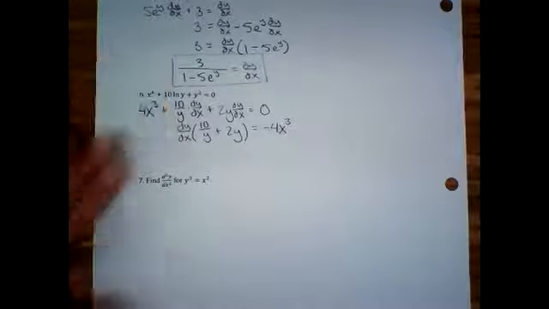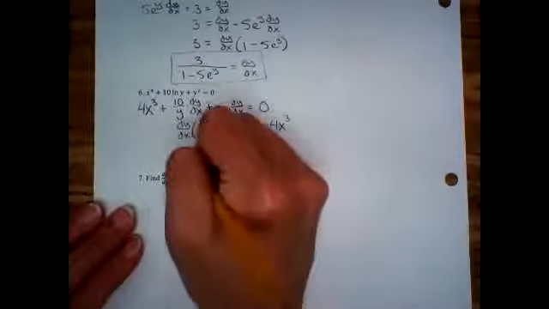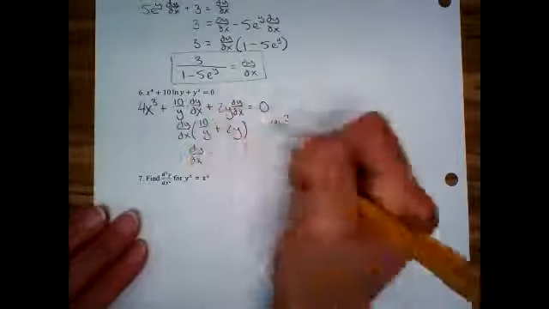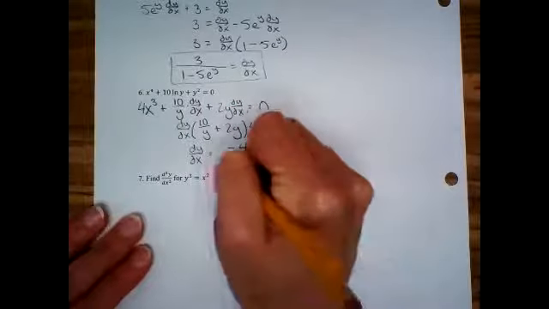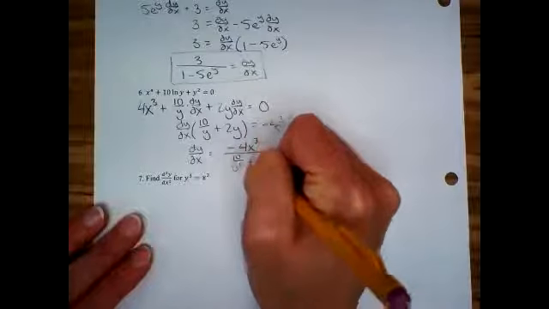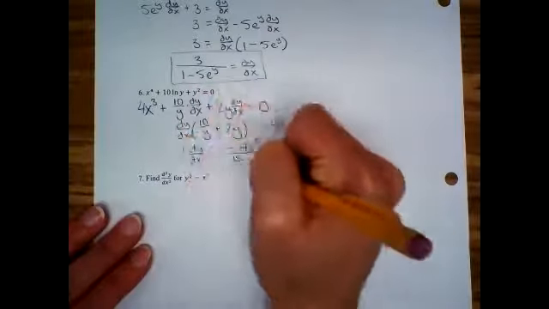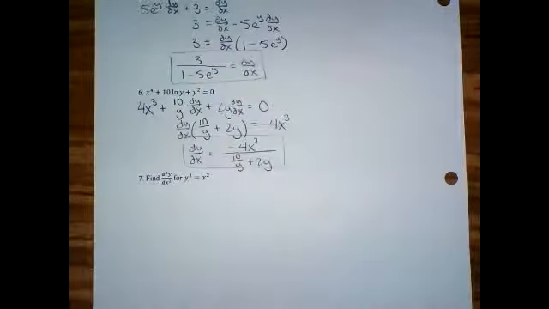And then to get dy/dx alone, you'll just divide that stuff over. So your final answer will be negative 4x cubed over 10 over y plus 2y. And I realize that there's a fraction within a fraction, but that's okay. Again, it's not going to be pretty, so you just kind of have to accept that.